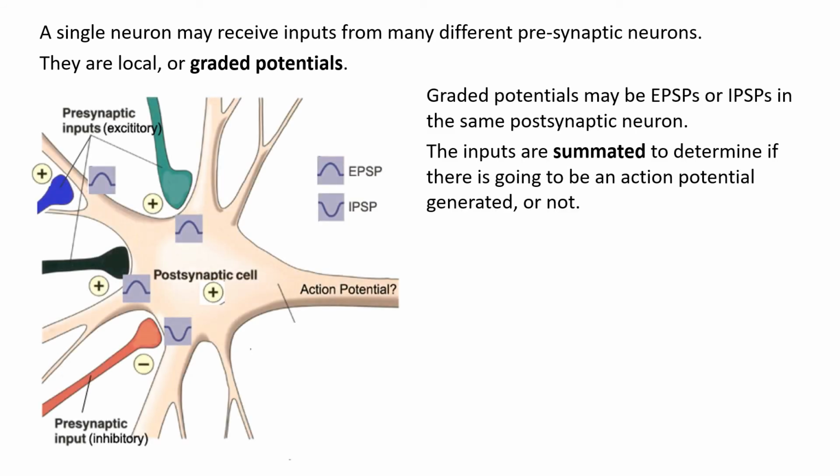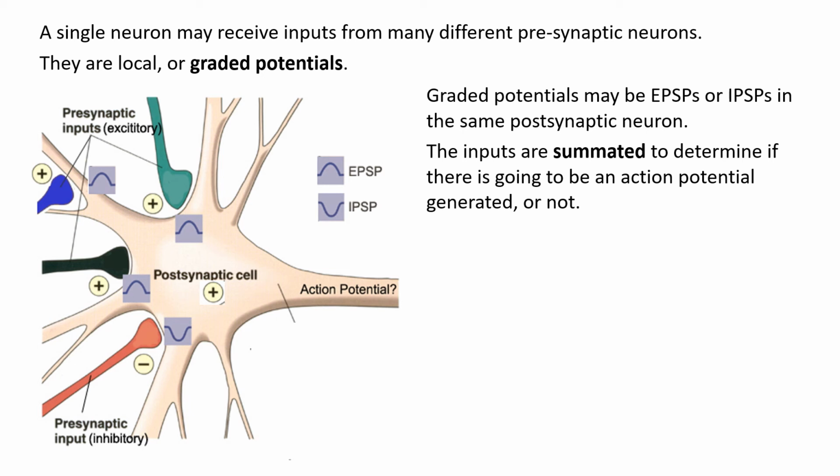Graded potentials, of course, may be excitatory, EPSPs, or inhibitory, IPSPs. And these can happen at the same time in the same postsynaptic neuron, because we've got all these presynaptic neurons all inputting. If they're receiving action potentials, then they are going to create either an EPSP or an IPSP. In the soma, we never ever have an action potential. These are all local graded potentials.